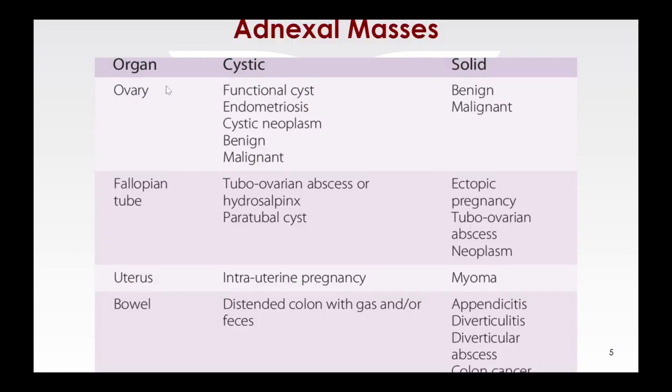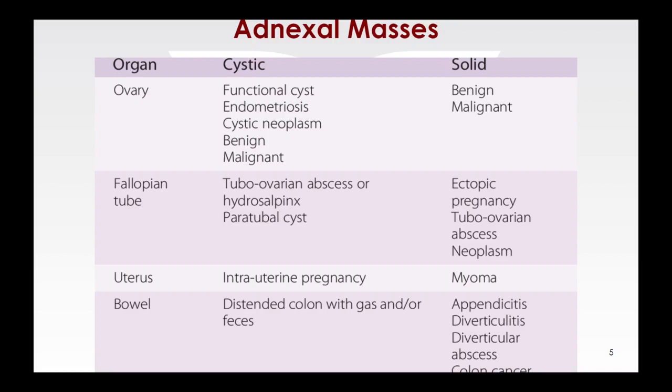Adnexal masses are pretty much divided into these categories. You can have a mass of the ovary. Remember that mass does not always indicate something bad or negative or malignant. That just means that there's something there that shouldn't necessarily be there. So there are functional cysts. You can have symptoms of endometriosis, a neoplasm, something benign, malignant.